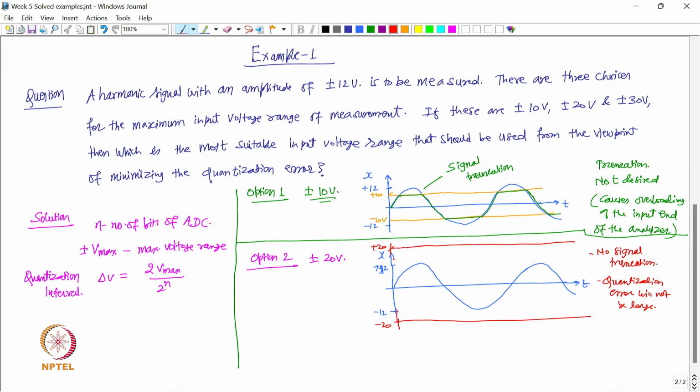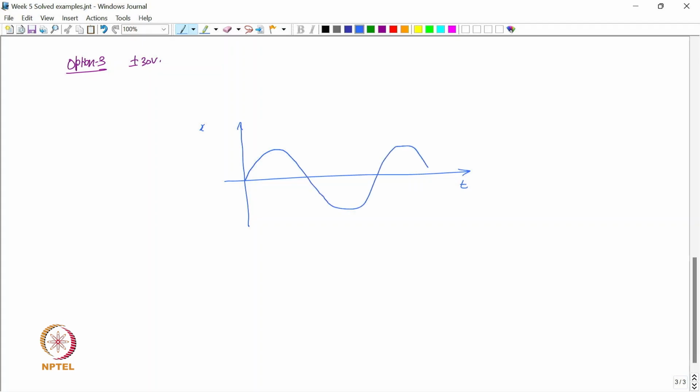So now let us talk about the third option. I will go to the next page. If I look at now option 3, plus minus 30 volt, and now if again I draw the signal, right. So maybe I can write a little on the lower side somewhere here. Something like this.